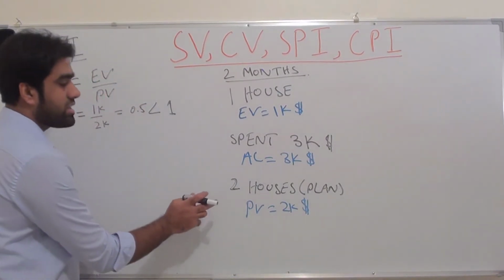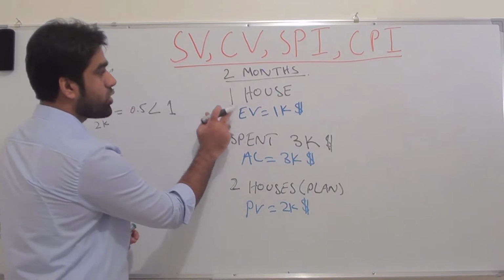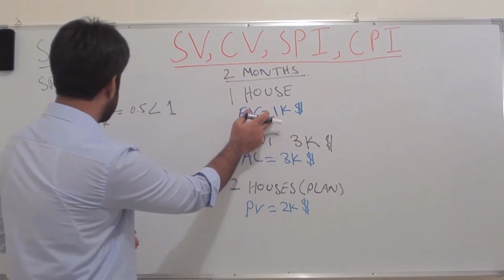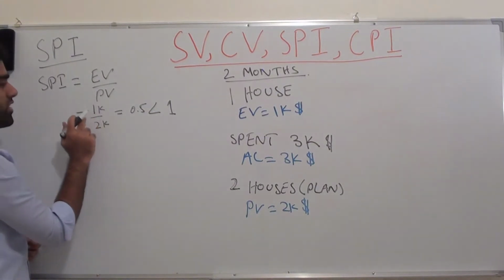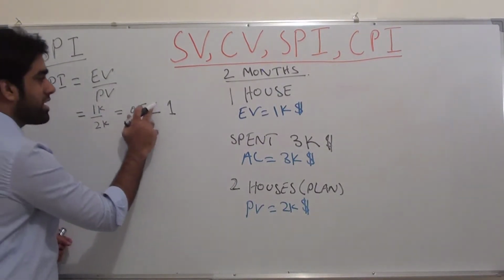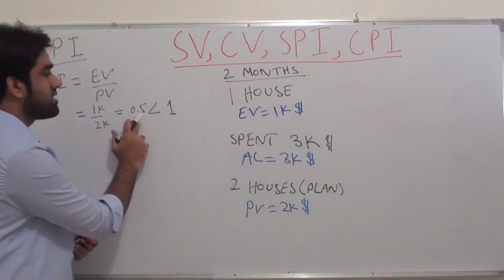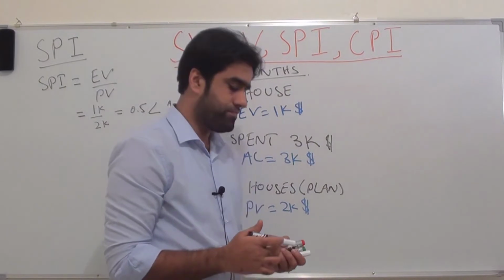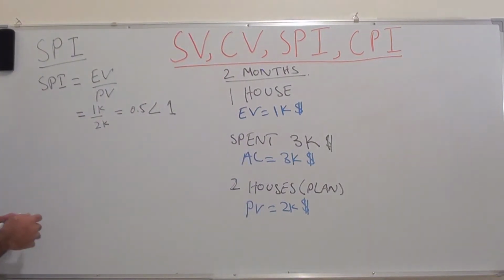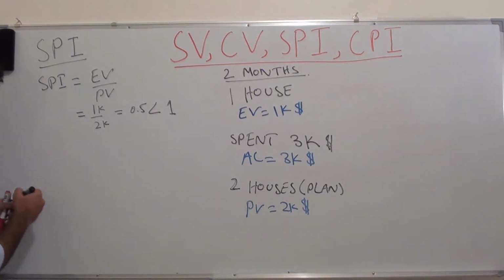In this example, had we developed 3 houses, EV would have been 3000, and our equation would be 3 divided by 2. This is equal to 1.33, greater than 1, which means ahead of schedule. So this tells us the status of the project at this point in time. Now let's come back to cost performance index.